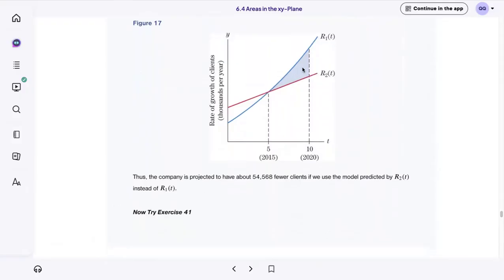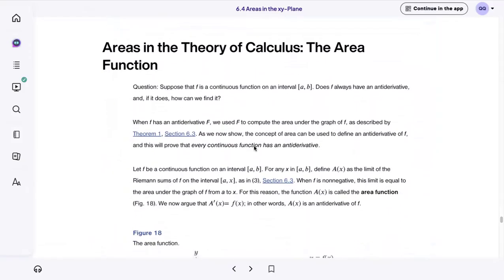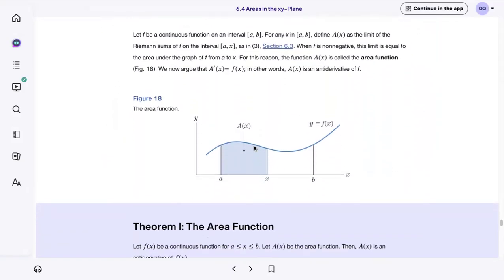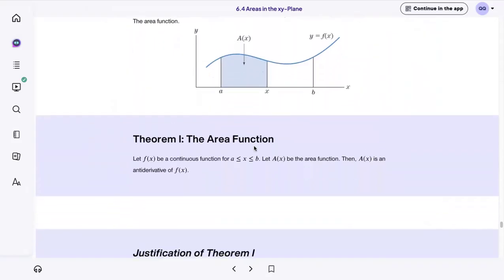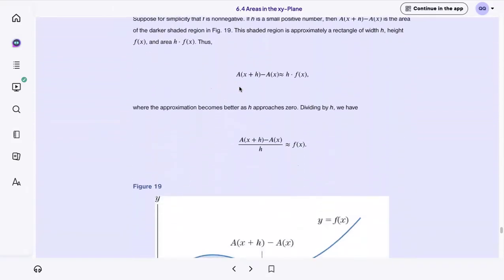There's a difference in between R1 and R2, so this is a little shaded area, the area under one curve.